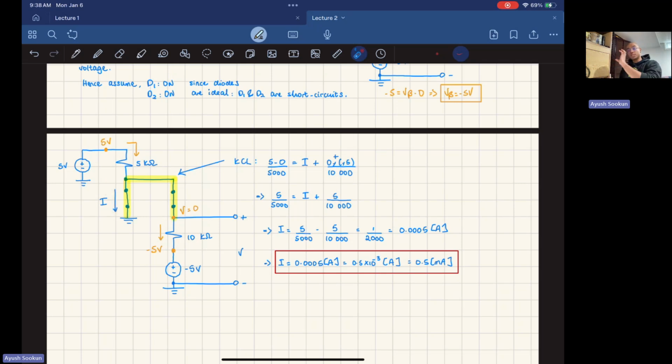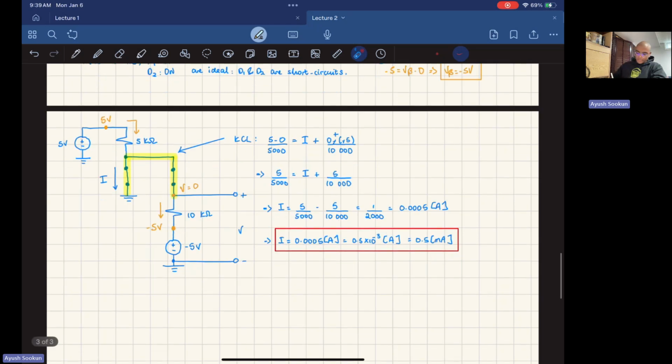I would have to choose a different combination and do the analysis again because it does not agree with the assumption that I made. If you look at this current right here, 0 minus 5, which is 5, over 10 kilo ohms is also positive. So that means the current flowing through this diode is also positive. So this diode right here is also conducting current in the direction it's supposed to.